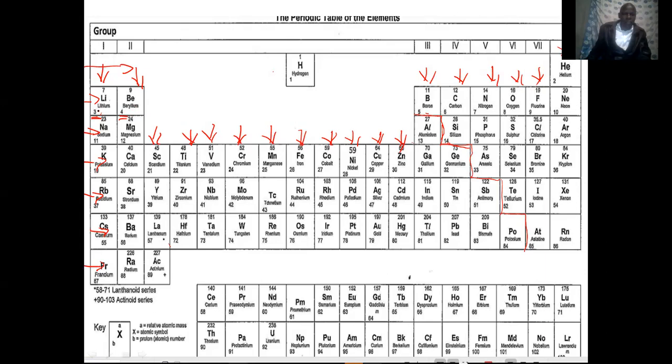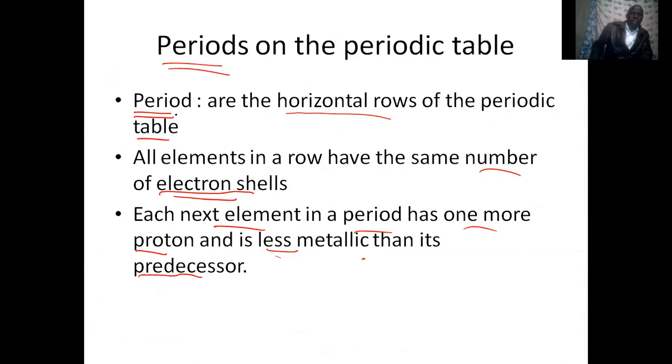So lithium here will be more metallic than beryllium, and boron will be more metallic than carbon, and so on and so on, in that manner. So all elements in a row, as I indicated earlier, the successor will be less metallic.